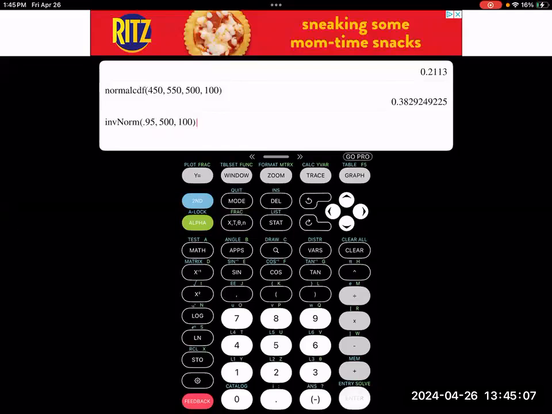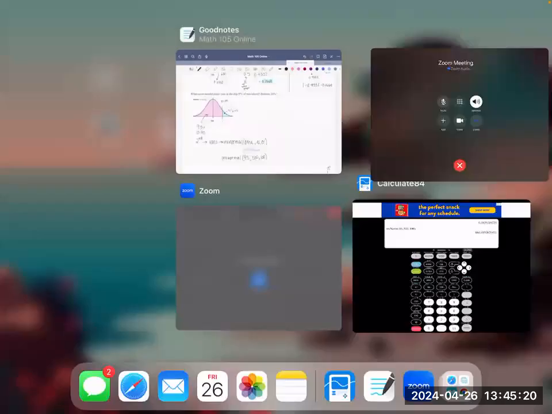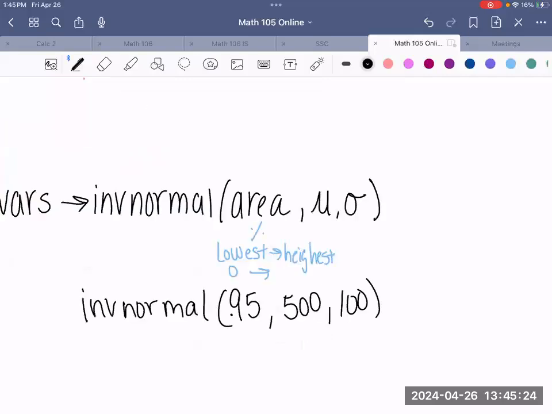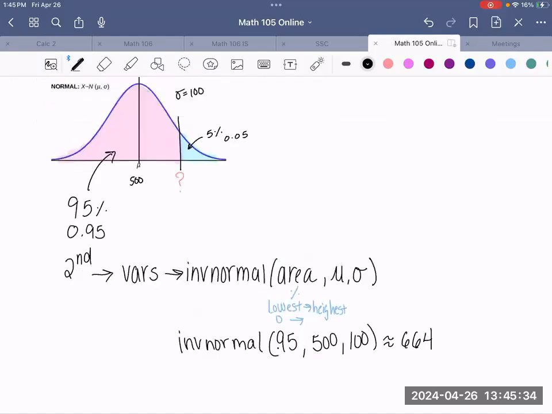Close your parentheses. And there you got 664. So if we were to round, you could say maybe 665, depending on what you round to. So about 664 would be your score to get you into the top 5%.